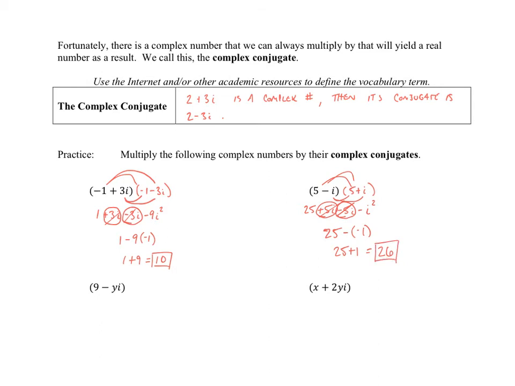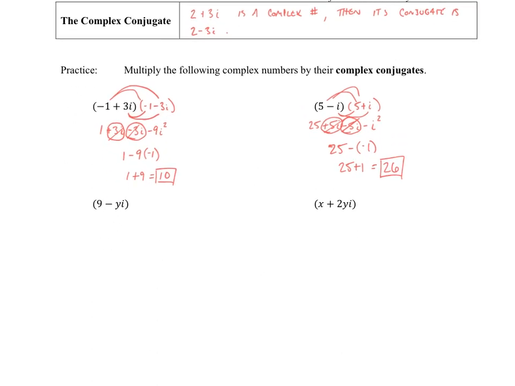And it just gets a little bit more difficult when we complicate the complex number a little bit. The complex conjugate of 9 minus yi would just be 9 plus yi. 9 times 9. 9 times yi. Negative yi times 9. And we're noticing here that these are the things that are going to cancel.